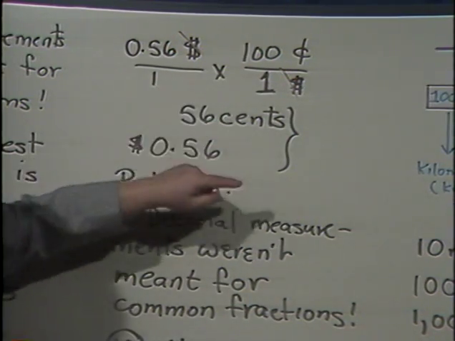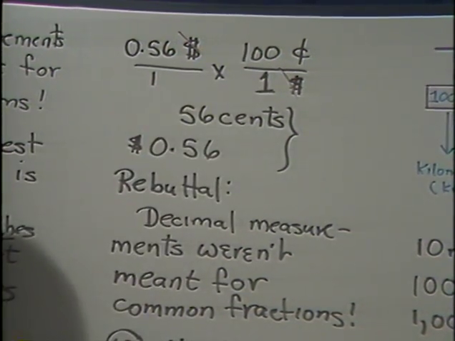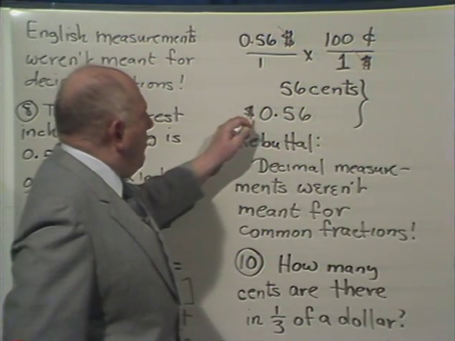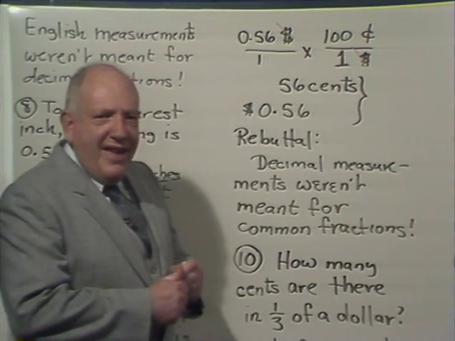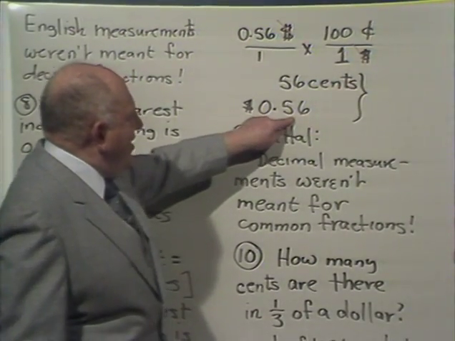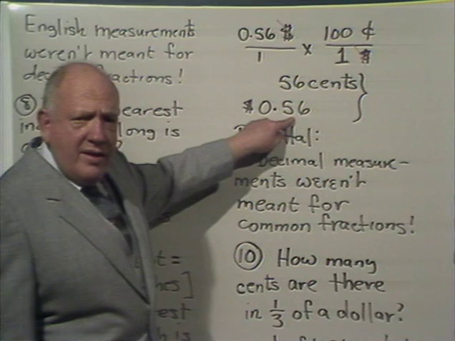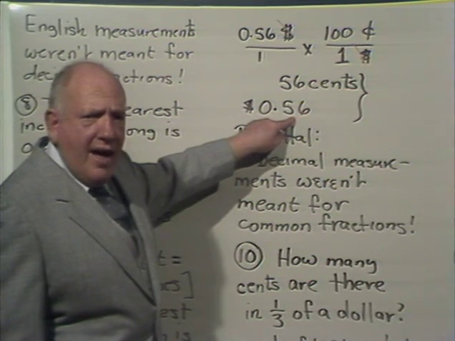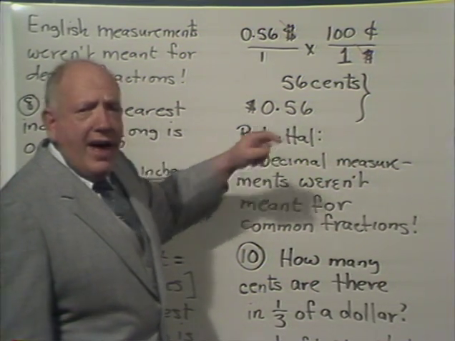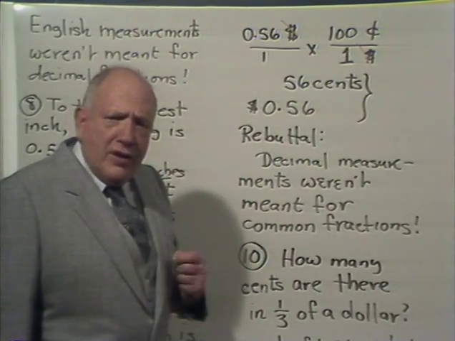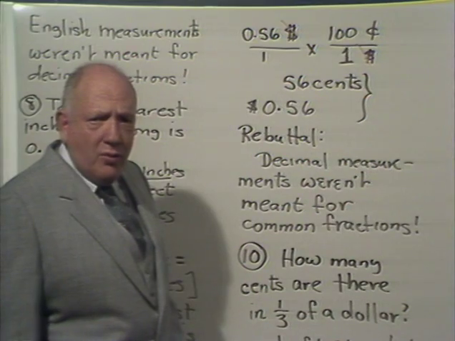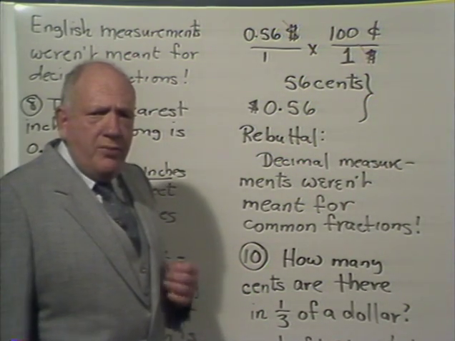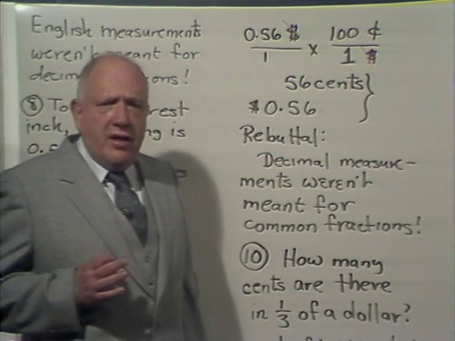The numerator becomes 56. The denominator is 1, so I forget about that. So $0.56 is 56 cents. And do you notice that when we see something written like this, how should we read this technically? 56 hundredths of a dollar, but since a hundredth of a dollar is a cent, we look at this and read it this way very often, don't we? That's the beauty of trading in a decimal system.